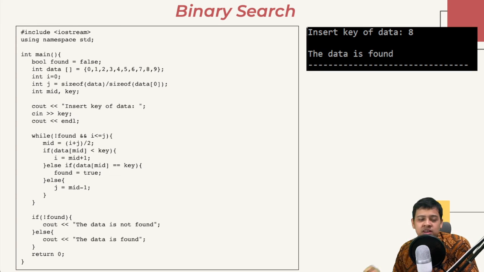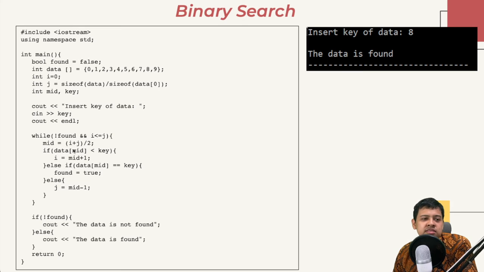Where are we right now? Where is the middle? So we have this mid variable, and the key is what we search for. For example, we have 8, just like the example, and we have this repetition control statement using while not found and I is under J.